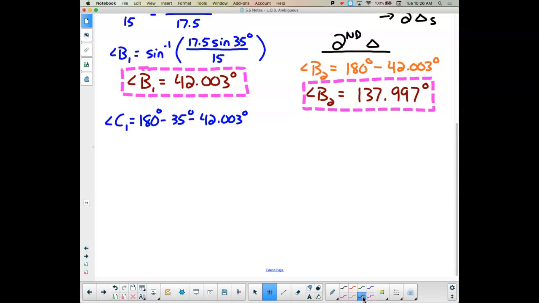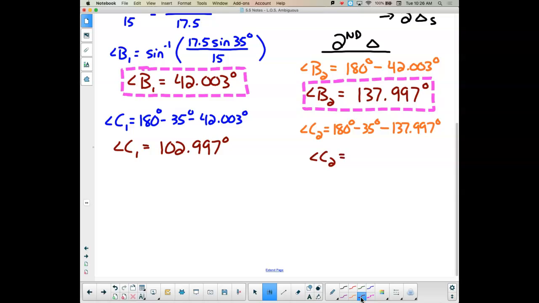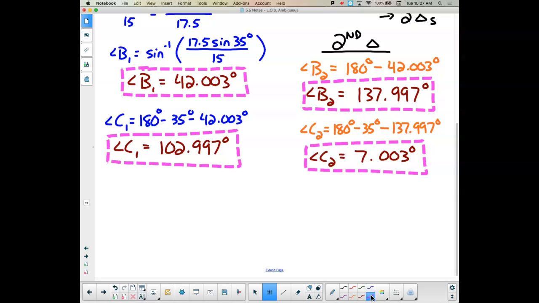So angle C sub 1 is 102.997 degrees. Well, C sub 2 is 7 point. Yes?